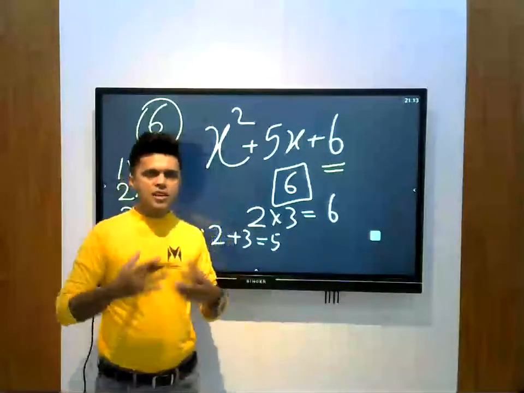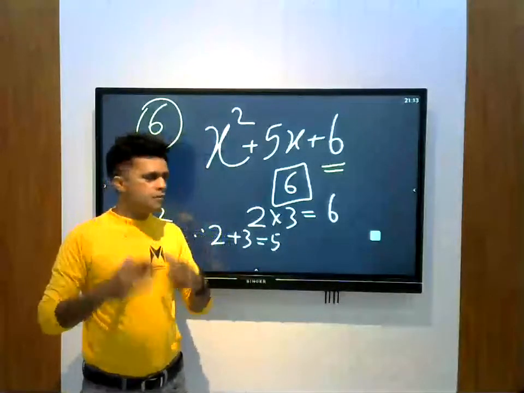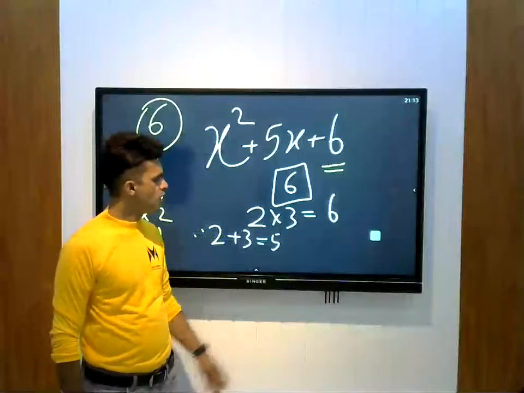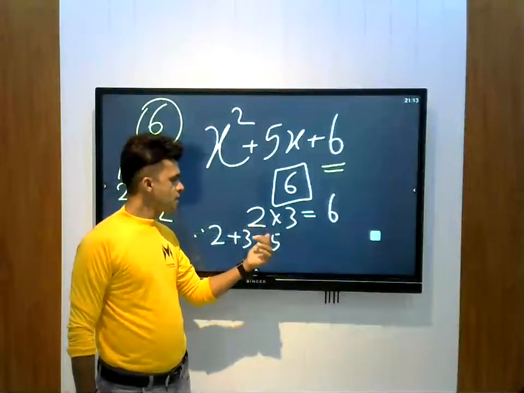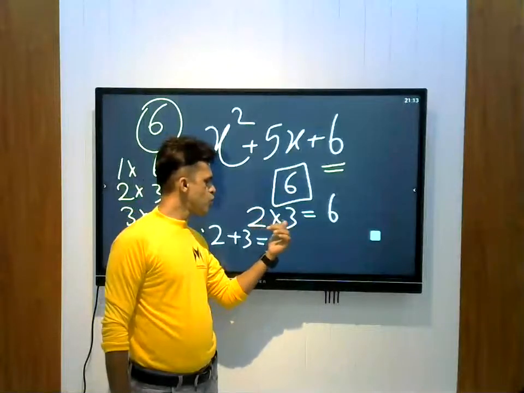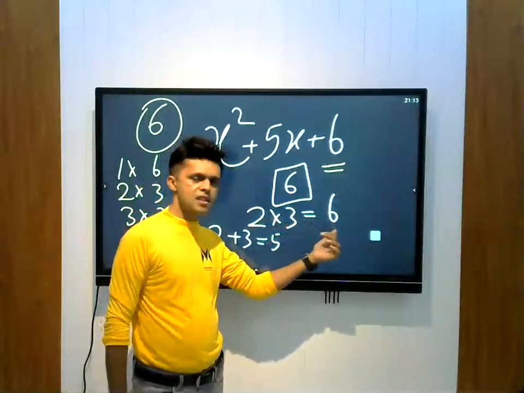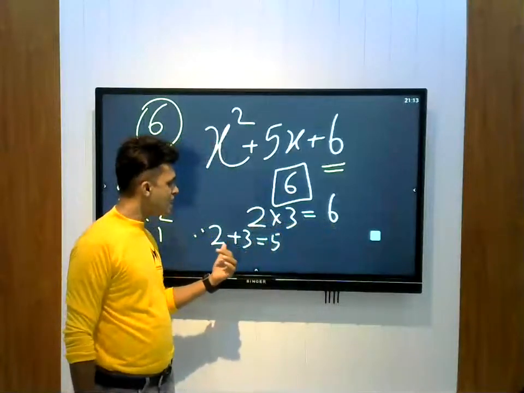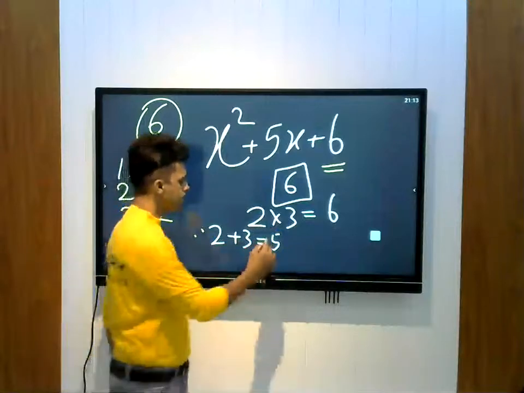Here you can see a relation between these factors of 6. When you multiply, you get 6, and when you add these two factors, 2 plus 3 is 5.